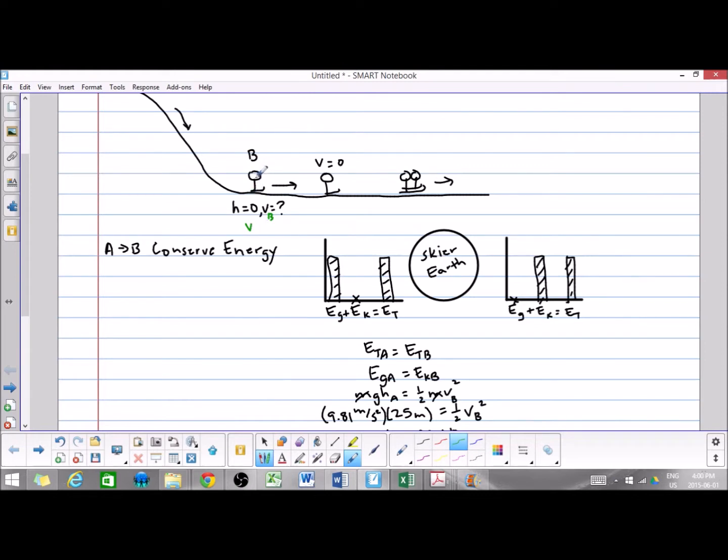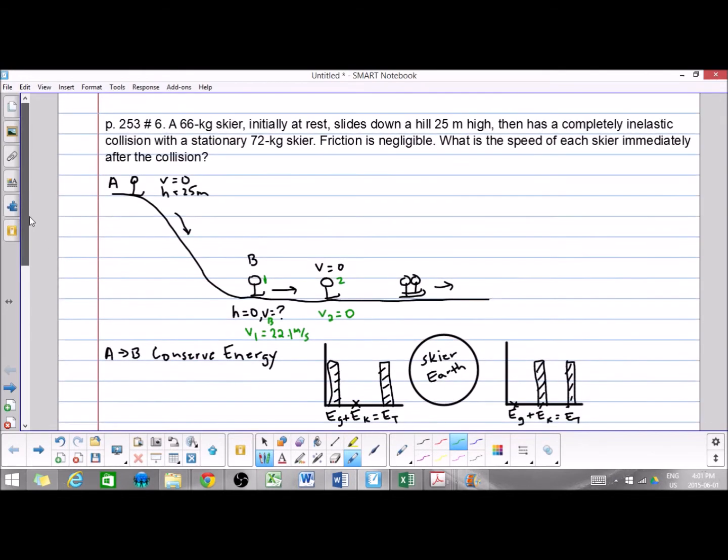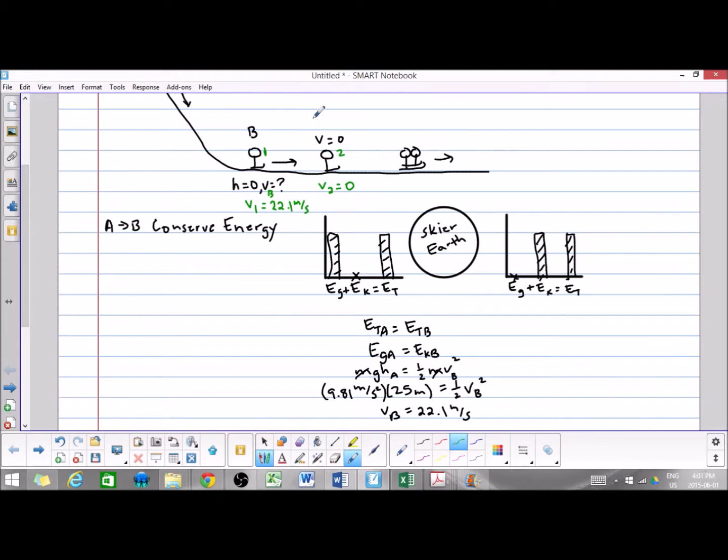Okay, if this is person 1 and this is person 2, then V1 is 22.1 meters per second and V2 is 0. What's that guy's mass? 72 kilograms. I'm going to write that down.